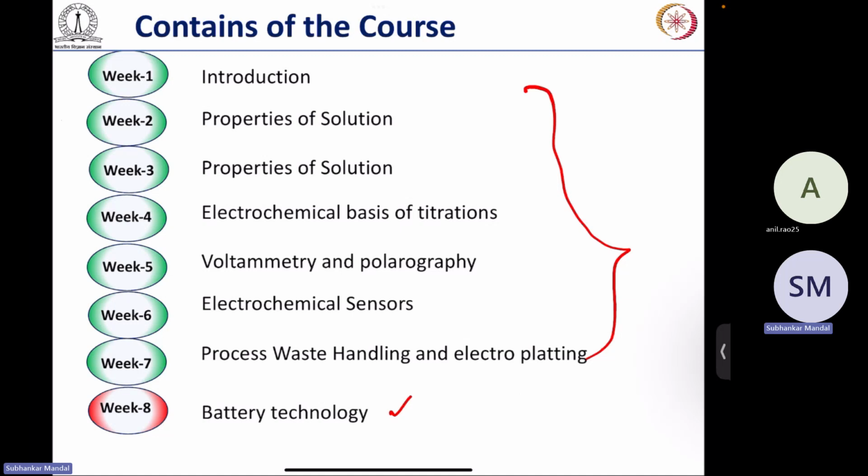That is the motive of the course. So today we'll discuss the last part, battery technology and fuel cell. One small part is also there, zero liquid disposal, which we'll also discuss.